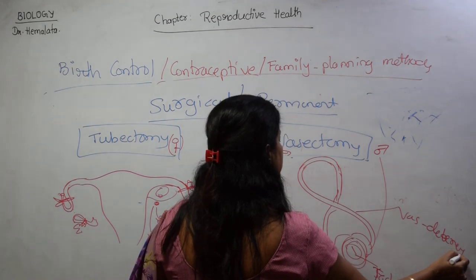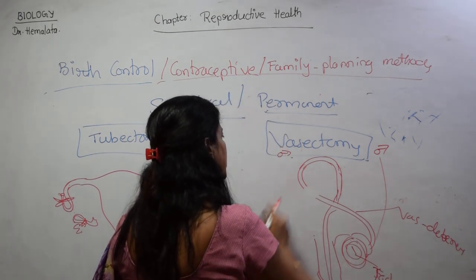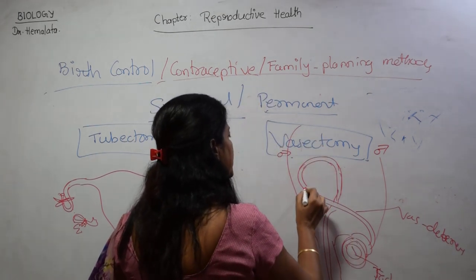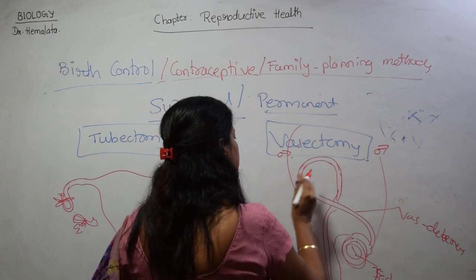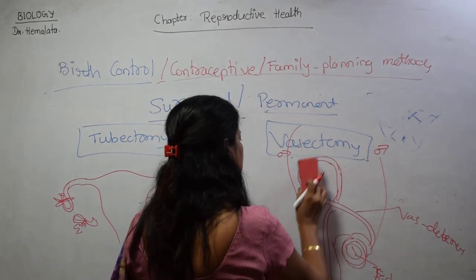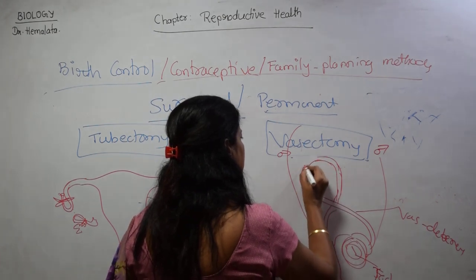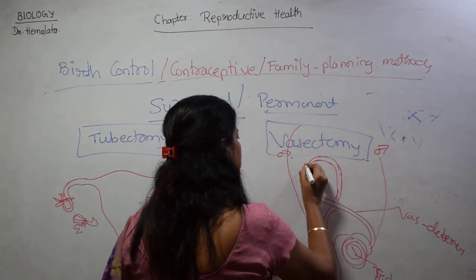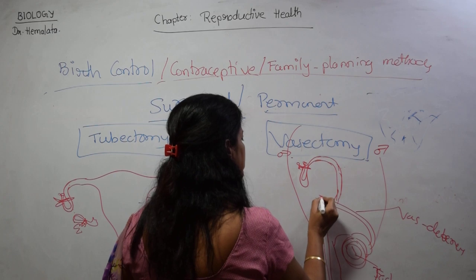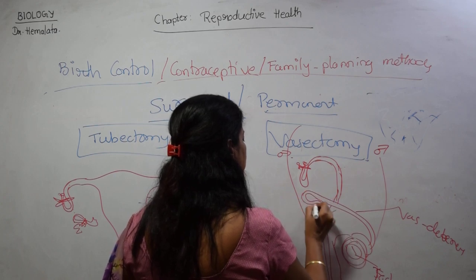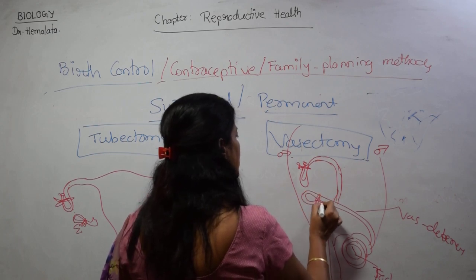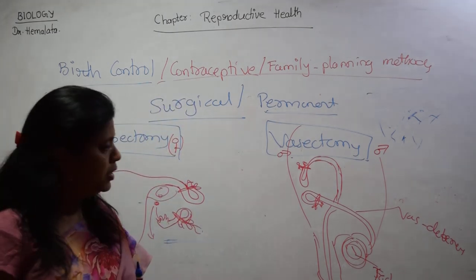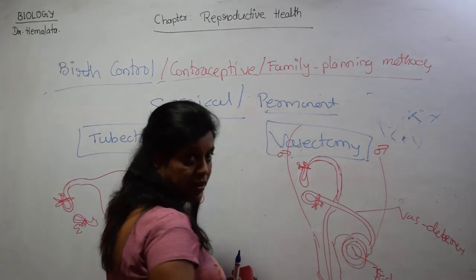The vas deferens is cut near the abdomen. Here is your abdominal area. They cut it here and tie it back, like this. So the vas deferens is cut and tied.